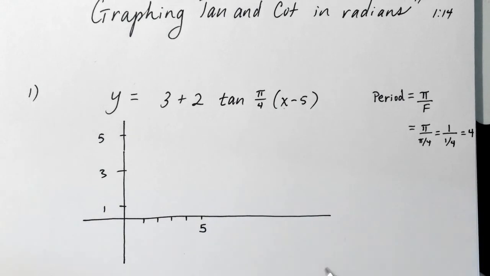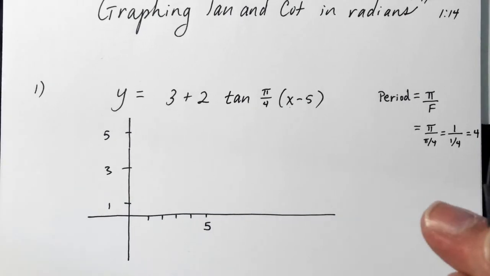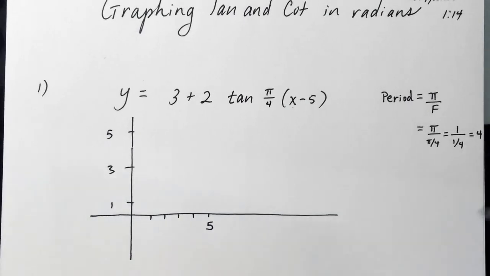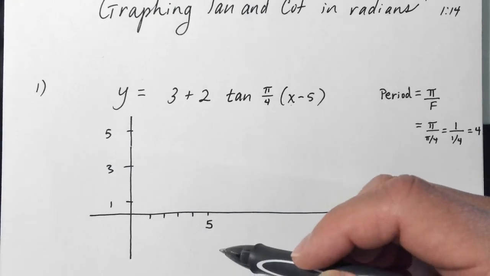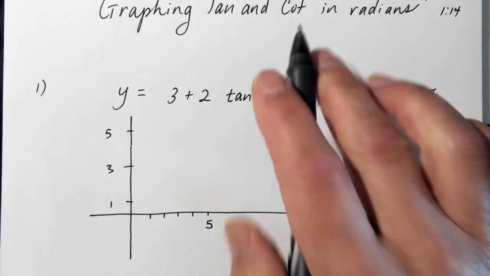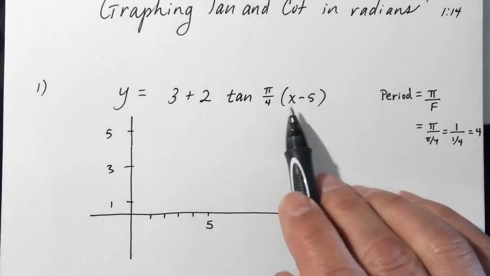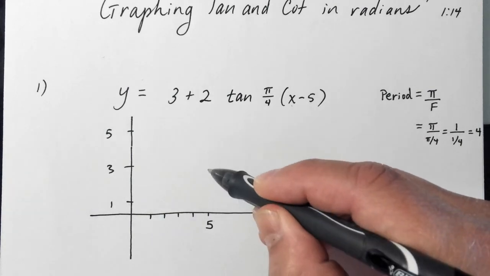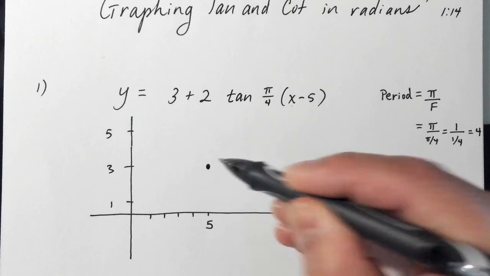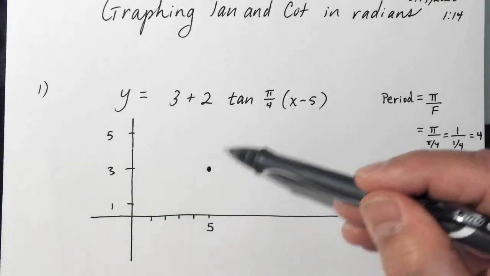For tangent, and this is different than how I've explained it in the past, you can still do it the way I taught you before; this is just different. I'm trying to make it quicker for you. Ready? For tangent, which is different than cotangent, this number right here, 5, tells you where to put the very first point. And then tangent goes like this.